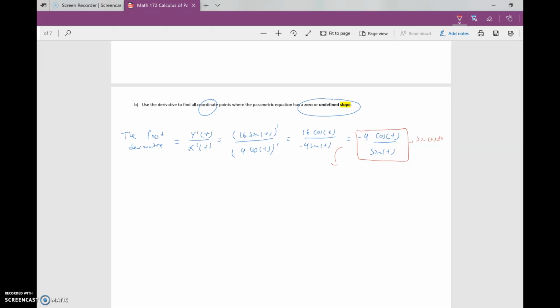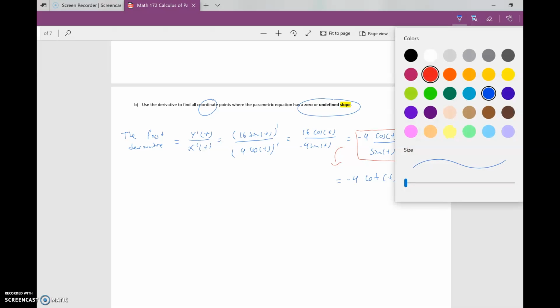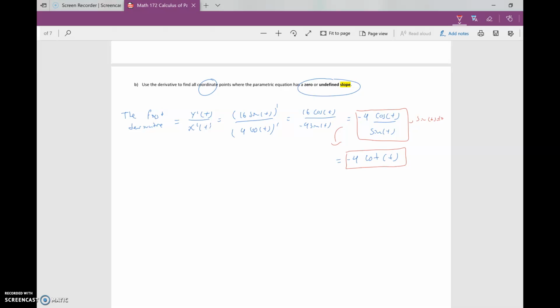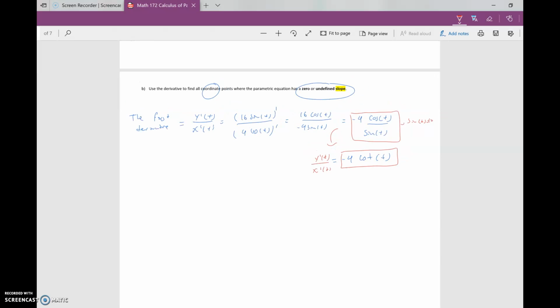But then it's just easier to rewrite it as the -4 cotangent of t. And the reason I boxed in the previous one is because it's probably easier to find the coordinate points with that one than to be looking at the cotangent. So this is going to be y prime of t over x prime of t, or the first derivative.